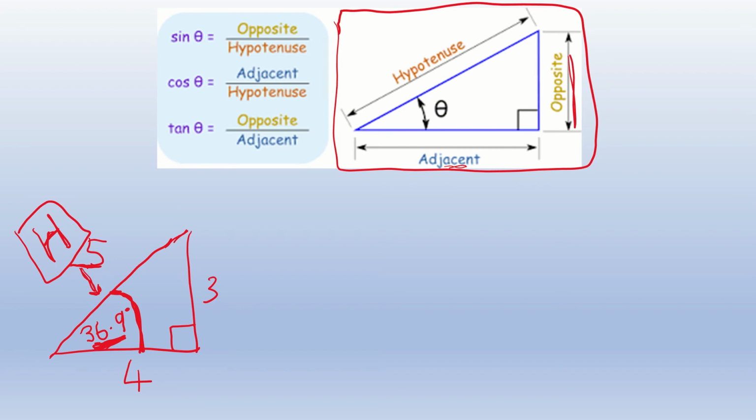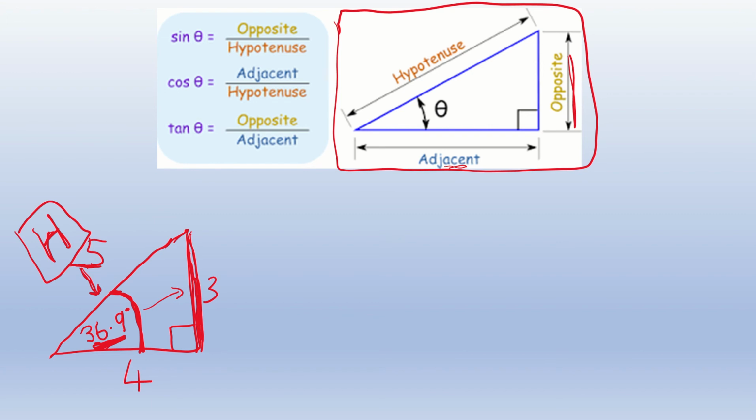In this question here, you're working with the angle 36.9 degrees. The side opposite that, the side furthest away, the side that is not, I suppose, touching the angle. If you notice that the side here labeled 3, it's not one of the sides that makes up the angle 36.9.